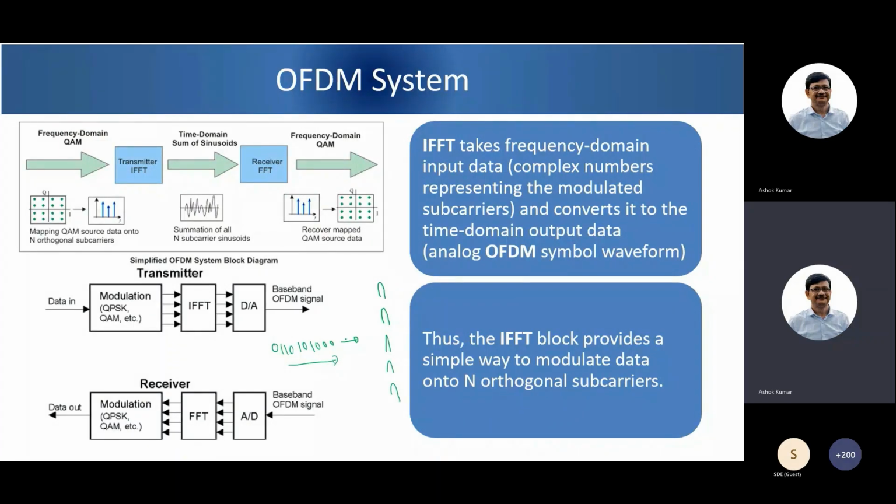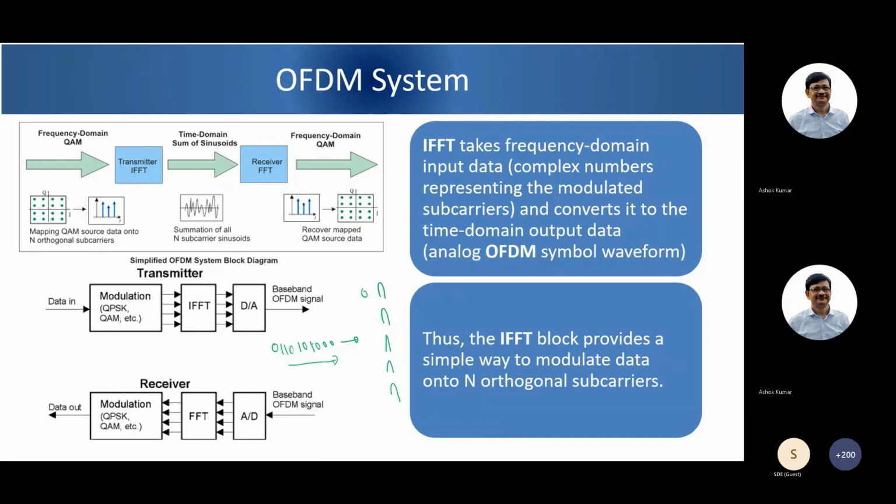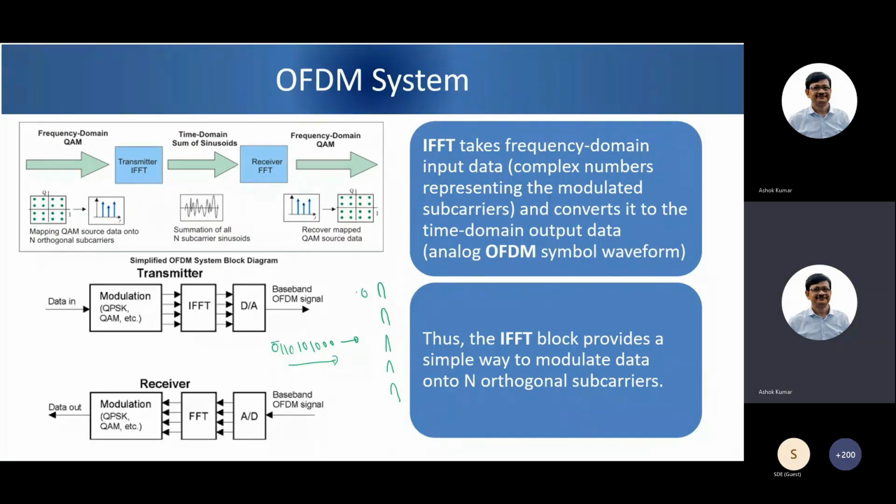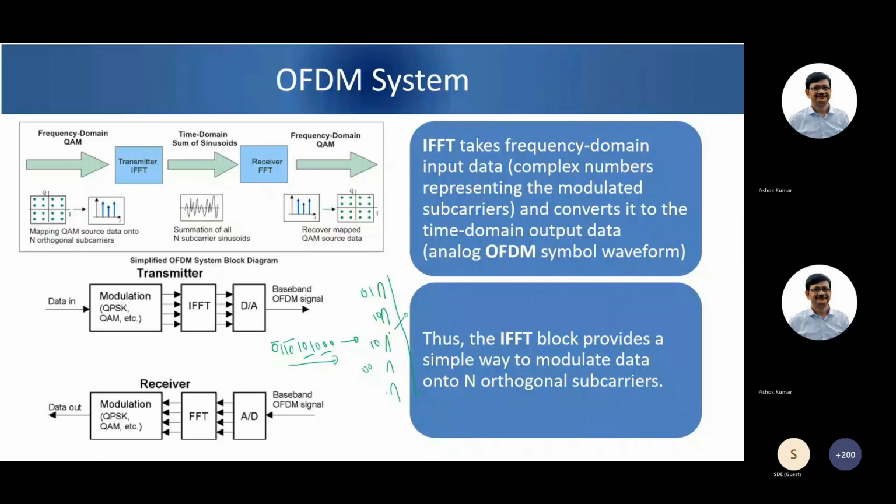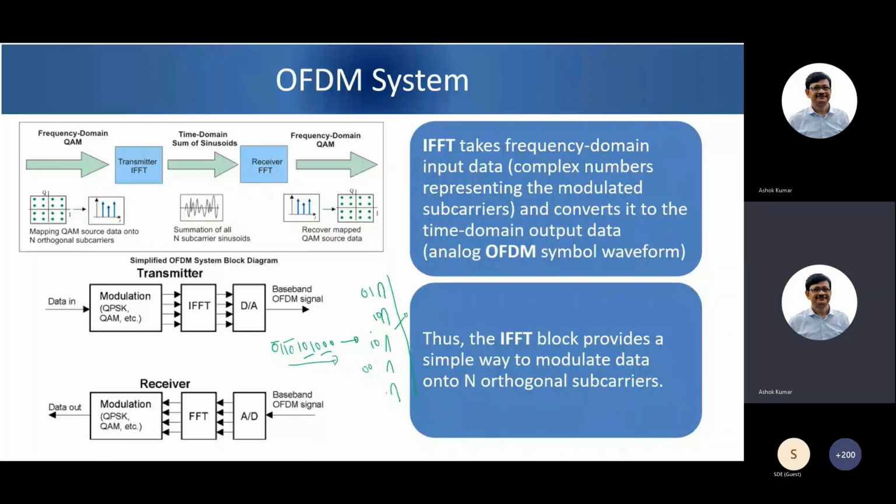Suppose it is just 4 QAM, maybe the first 2 digits go here, the next 2 digits go here, and the next 2 digits go here, because it is supporting that. So you are making this serial data into parallel data, and then this baseband signal is converted into the carrier frequency and sent onto the network.